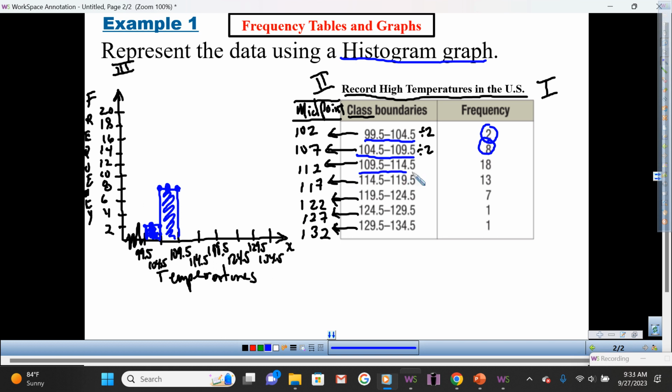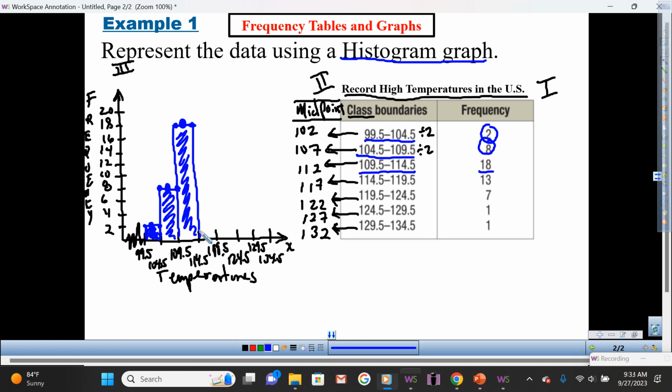Let's go to the next one, 109.5, 114.5, and the frequency is 18. 18 is way up here, so I follow it. 18 to 109.5 is about right there. 114.5. And the midpoint is 112. Make the 112 a little bit bigger. And just fill in your bar.